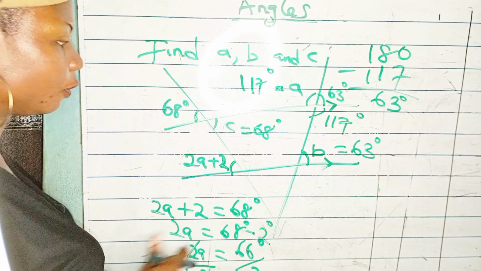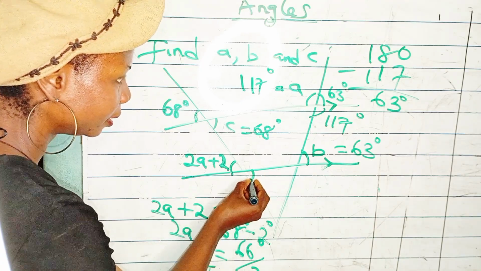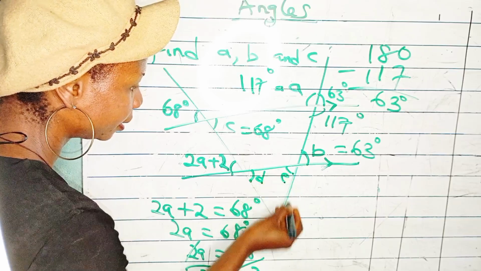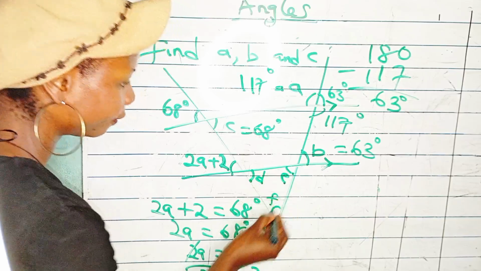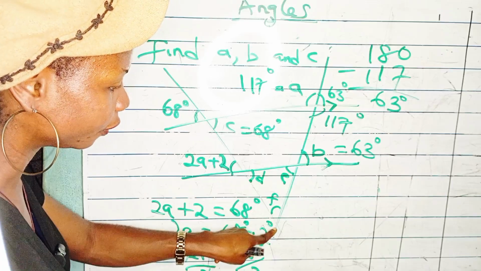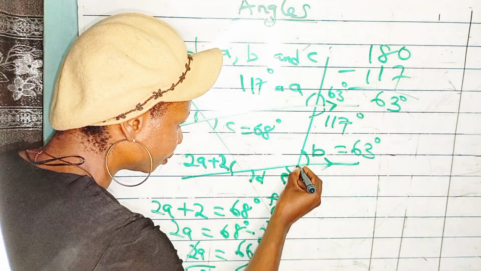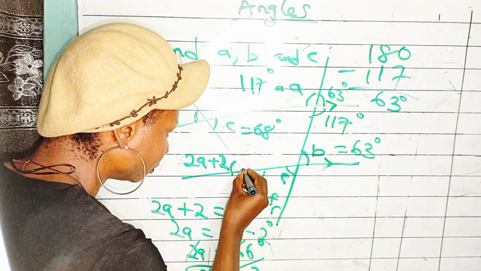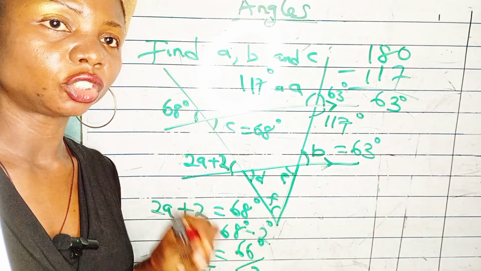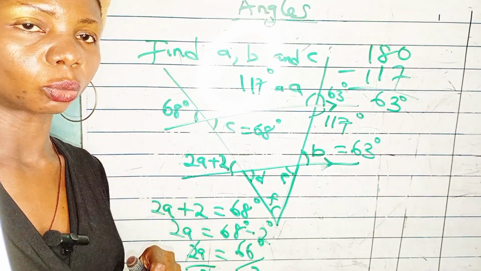Someone can also tell you to find this angle, say D, E, and F, because these two have met and a triangle is formed here. Look at the triangle. And you should mind that the sum of the interior angles of a triangle is equal to 180 degrees.